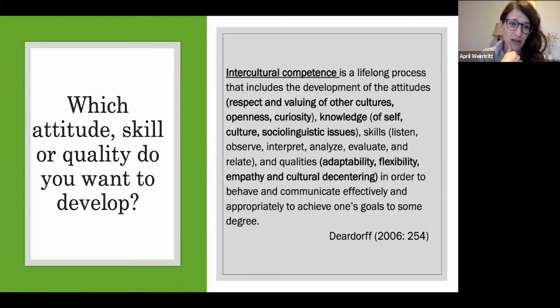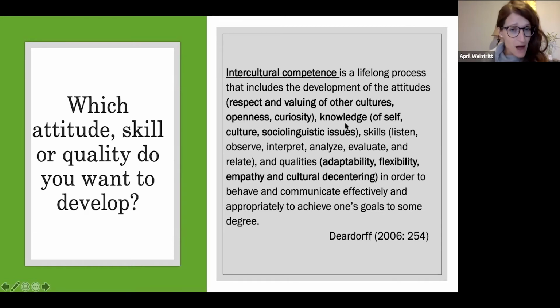The assumptions that they make about Italian culture and the stereotypes they have of Italian culture and Italian peoples is what stops them from being able to be open and curious. So if I want them to be open and curious, I'm going to have to challenge their stereotypes and challenge their assumptions. So this is just an example with attitudes.